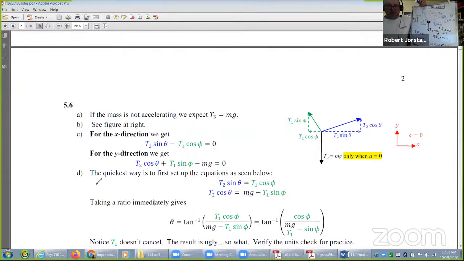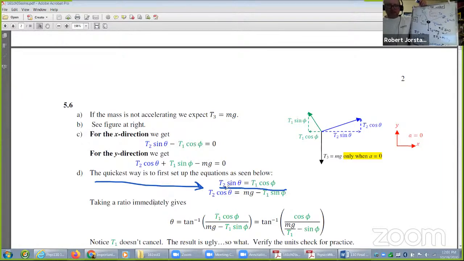here. Set up these equations so you get T2 times sine theta on one side and T2 times cosine theta on the other side. And then what you do is you take a ratio. So literally you just divide these equations out.